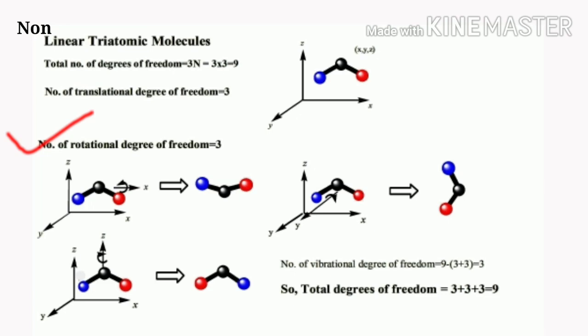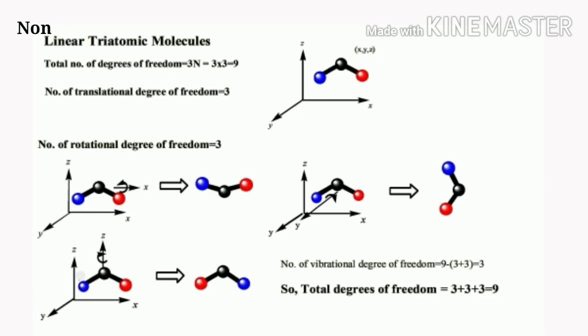Now let's see what about the rotational degrees of freedom. The non-linear molecule can rotate about the x-axis as shown in this figure. It may rotate along y-axis like this in the plane of this slide, this way.